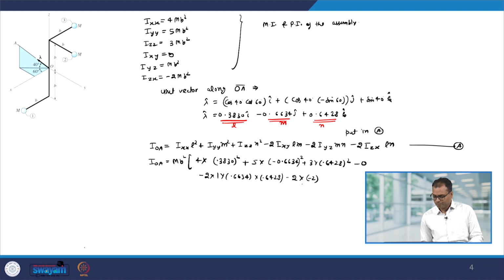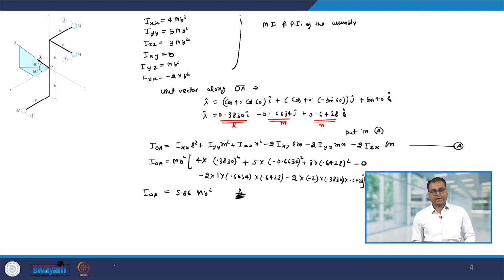So, minus 2 and L and n, where the value of L is 0.3830 and n is 0.6428. And this can be calculated. So, that comes out to be 5.86 m b square.